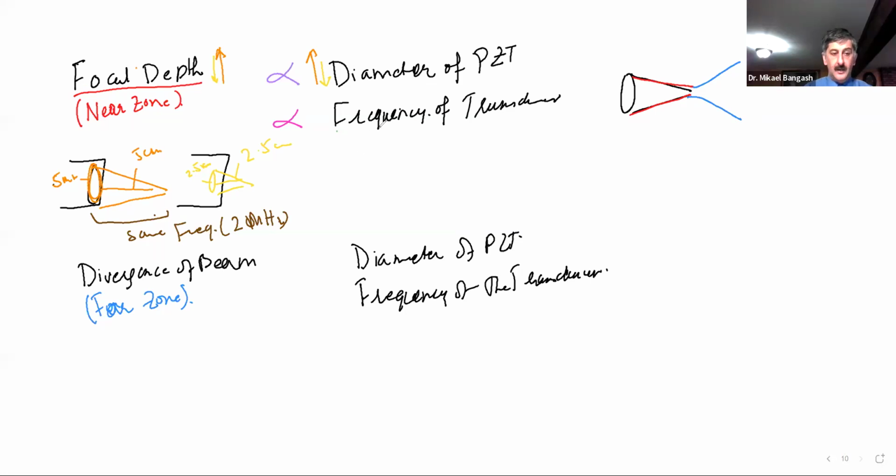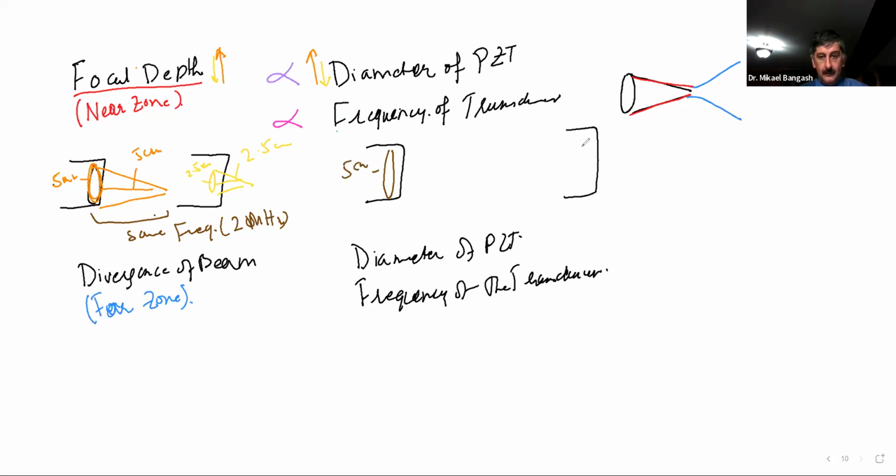Since we said that they will be directly proportional, just to establish this, we can say that we have two transducers with similar size PZTs. Let's say that in both cases they were 5 centimeters.